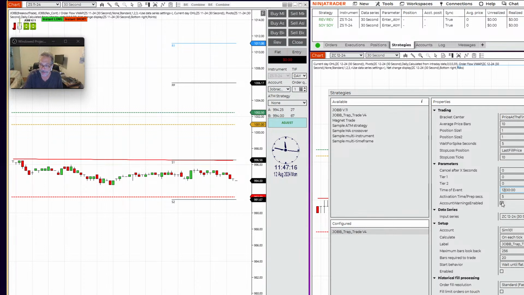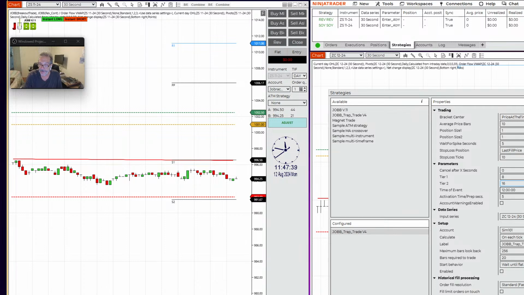Activation prep time is 5 seconds. Position size 1 is a 1. Position size 2 is a 1. That means each tier, each bracket has one position. Tier 1 is 8. Tier 2 is 16.